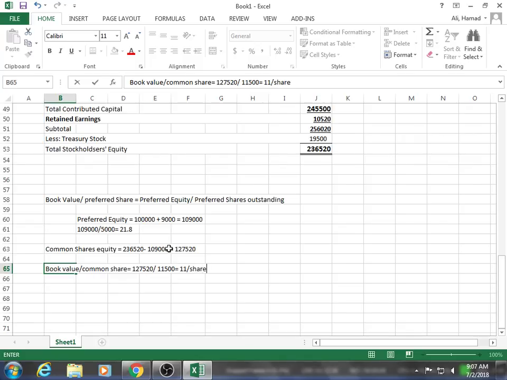So if Mr. Ledbetter has 10 shares, you're only entitled to 10 times $11 out of this whole equity, for you as an individual.